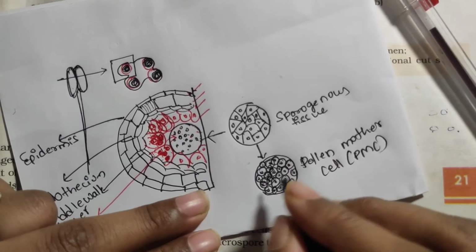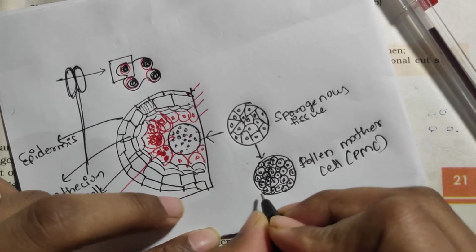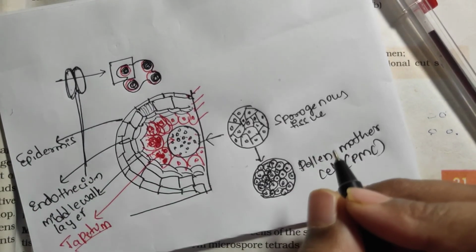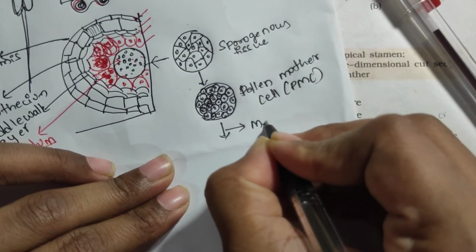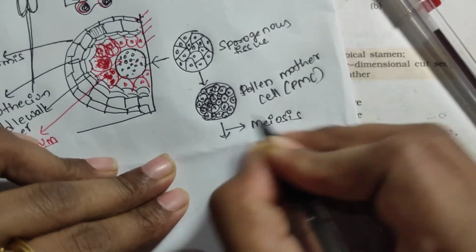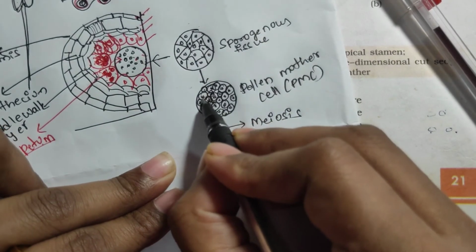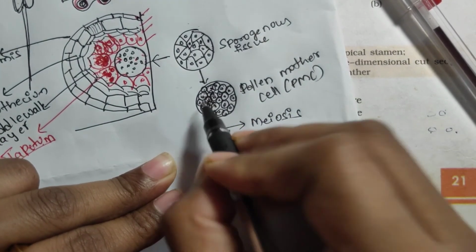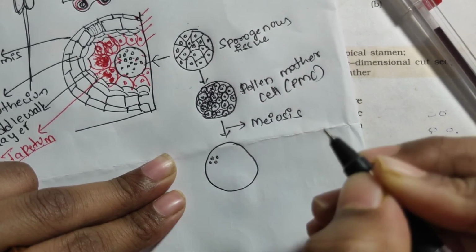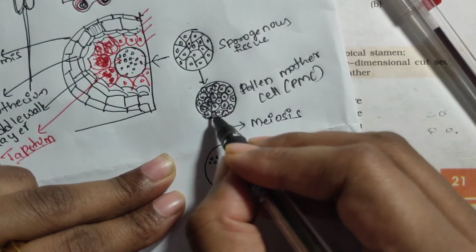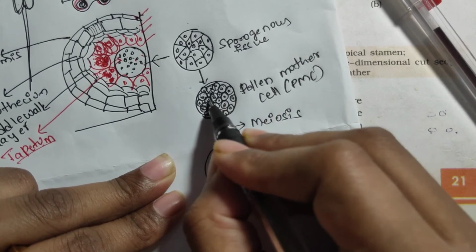These pollen mother cells are going to undergo meiosis. When they undergo meiosis, one cell itself will give rise to 4 cells. Now you can think of so many large amounts of pollen mother cells.